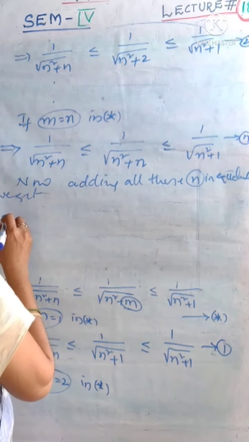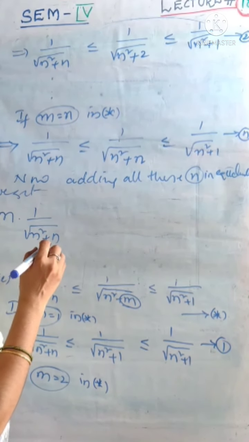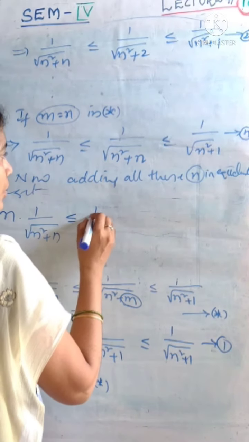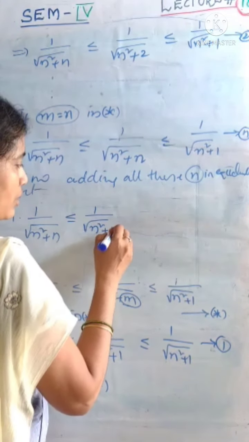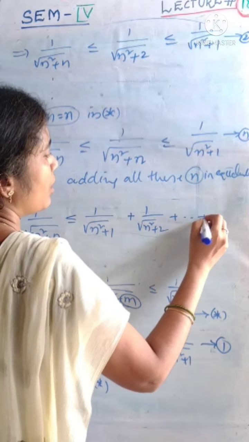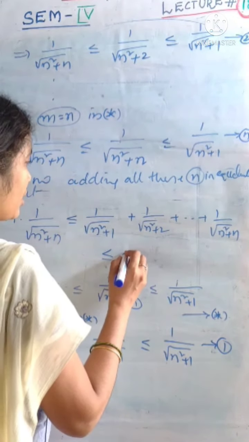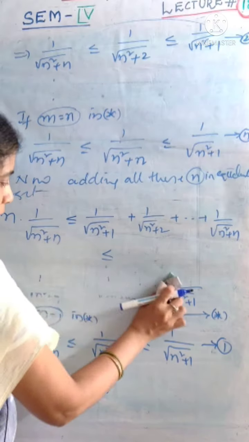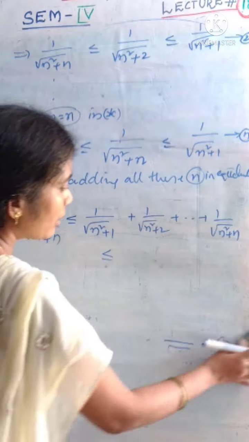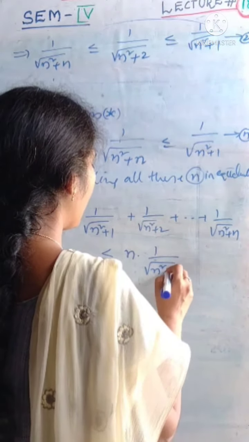So we get n into 1 by square root of n square plus n is less than or equal to 1 by square root of n square plus 1 plus 1 by square root of n square plus 2 plus and so on, square root of n square plus n. This value is now less than or equal to the right side term added n times, same term added n times, so this value is n into 1 by square root of n square plus 1.